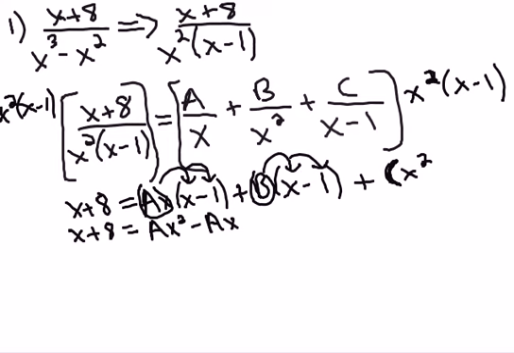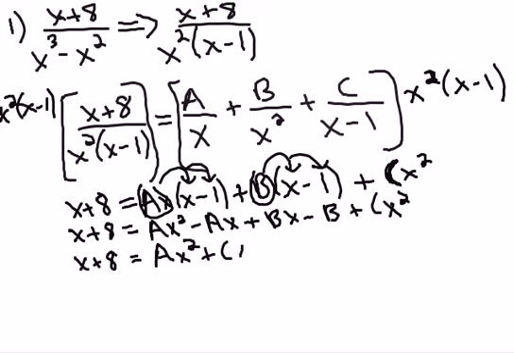The last term, obviously, has nothing to distribute. And now I'm going to rearrange them. Notice the left side is not changing. How I'm going to rearrange them is I'm going to put the squareds with the squareds, the x's with the x's, and the constants by themselves, which here is just negative b.